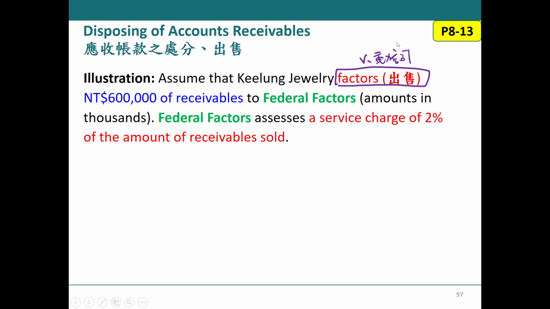Okay, so your company decides to sell receivables, $600,000, to the bank. But don't forget, nothing for free, right? So the service charge commission is 2%.